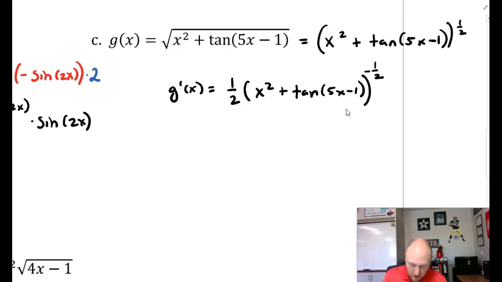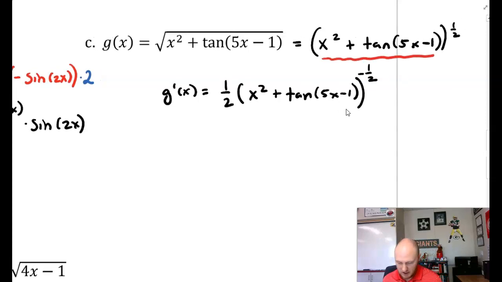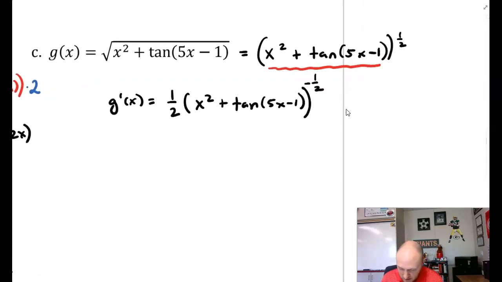Okay, now I'm going to move inside. I'm going to take the derivative of each of these, and this is multiplied times 2x plus the derivative of tangent, which is secant squared of 5x minus 1.